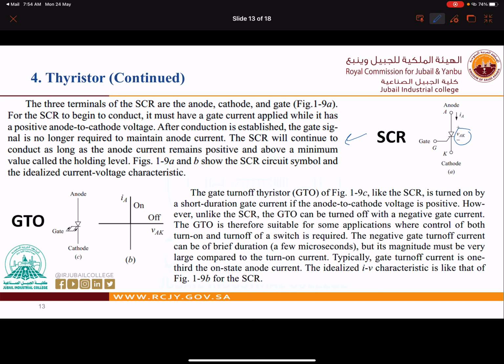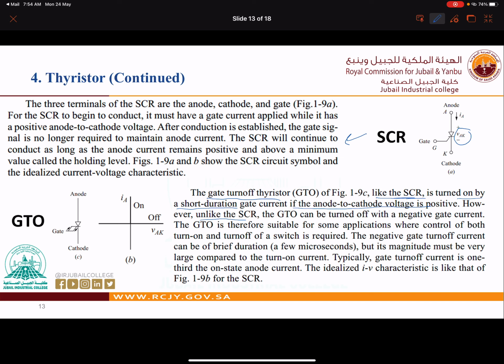For the GTO, now, GTO means gate turn off thyristor. Gate turn off thyristor. So it is like the SCR, but is turned on by a short duration gate pulse, if the anode cathode voltage is positive.